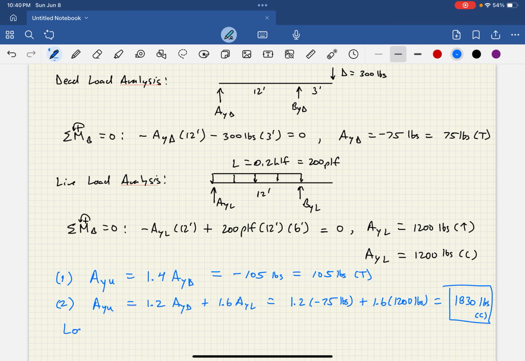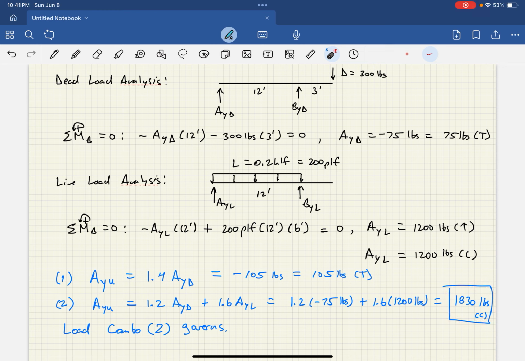So I'm going to say load combo 2 governs. Okay? And the answer is 1,830 pounds. And that's a compressive reaction force.